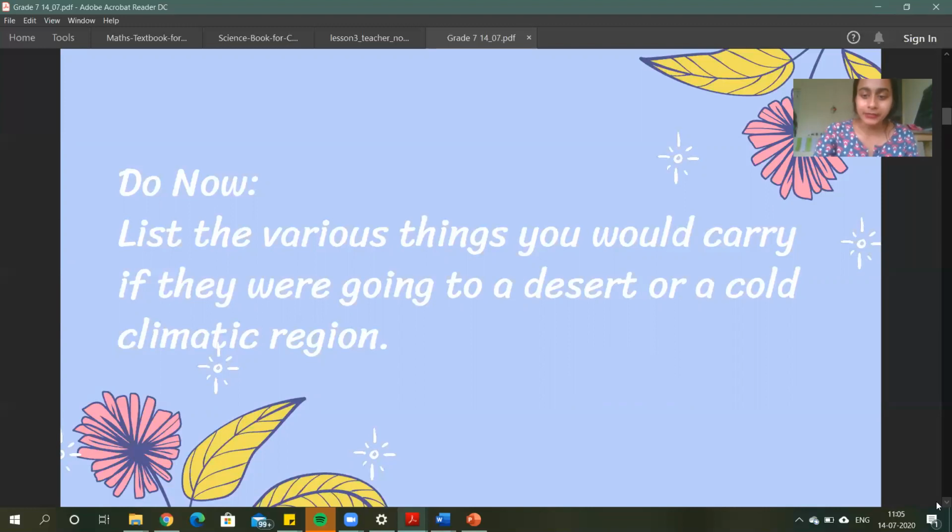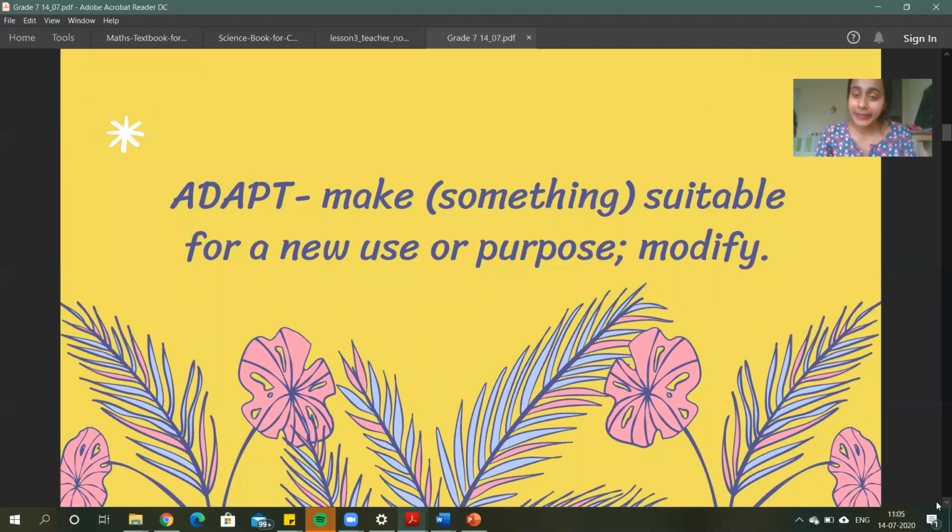Now, adapt means to make something suitable for a new use or purpose, or to modify. So adapt means changing something to make it suitable for some other environment or situation.